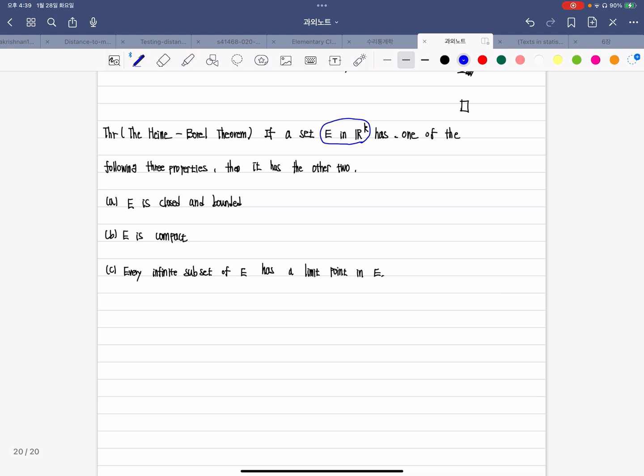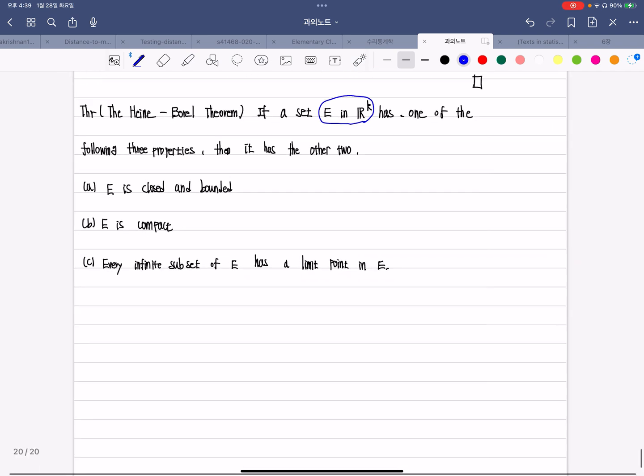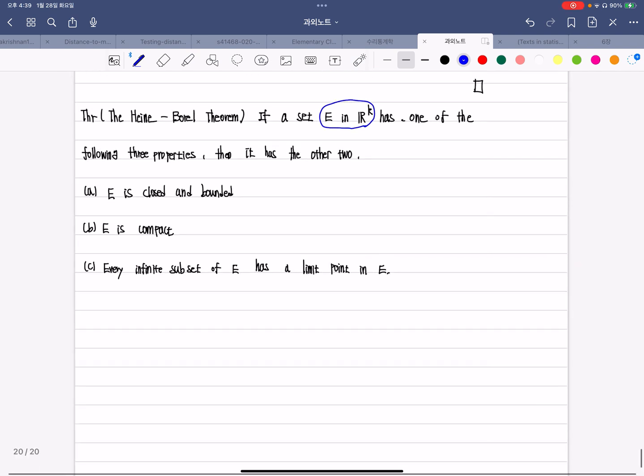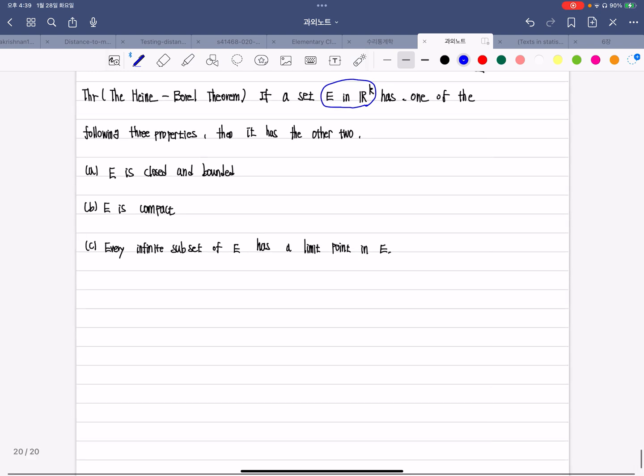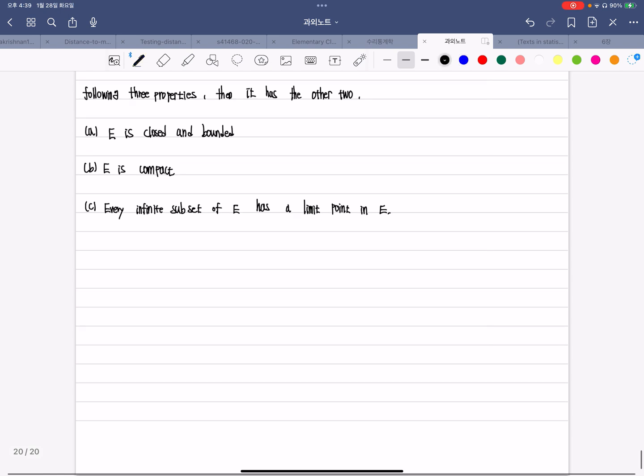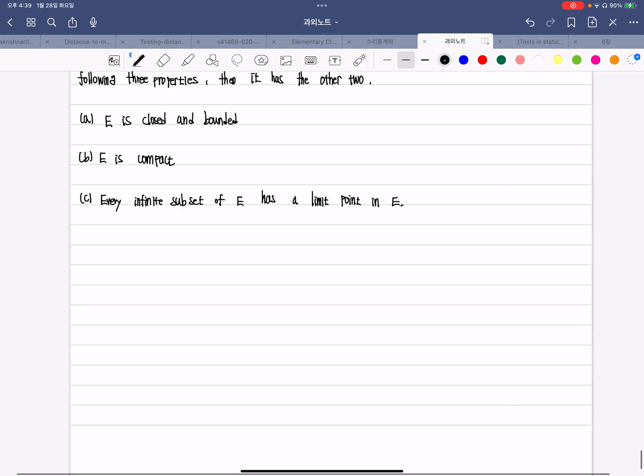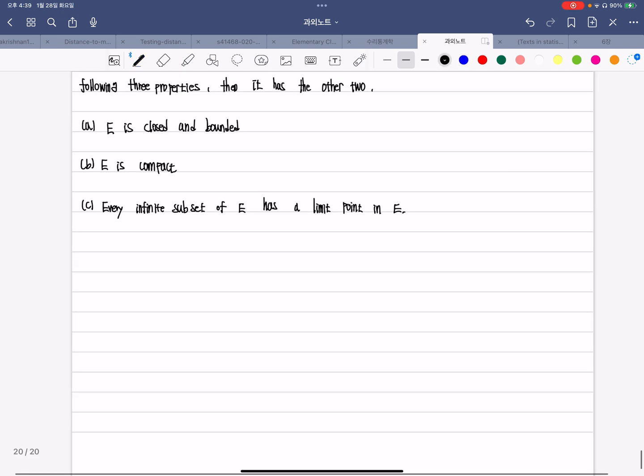The Heine-Borel theorem may be false in more general spaces. Let's study the proof of the Heine-Borel theorem.